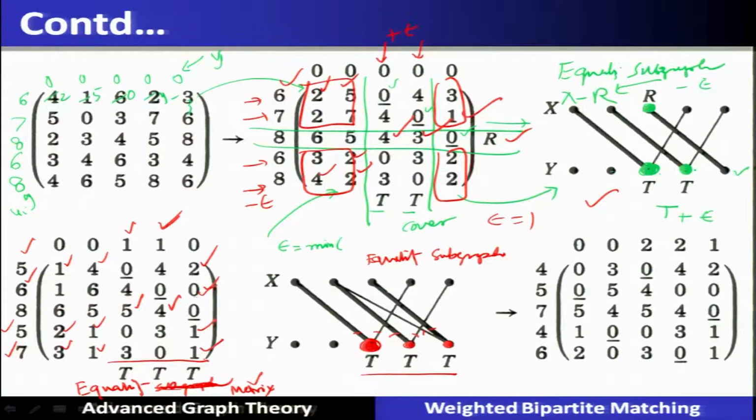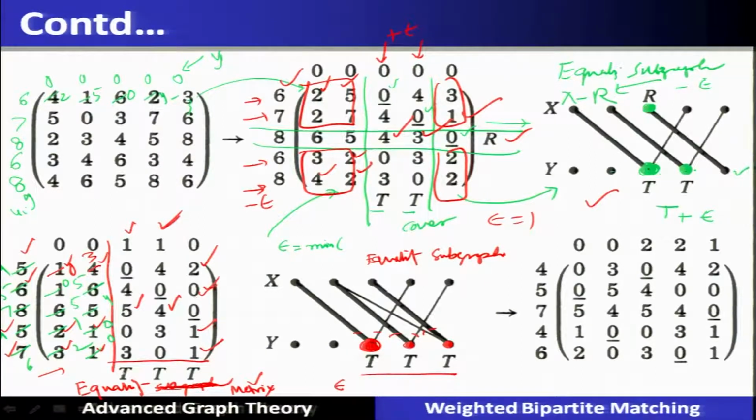Now, we have to find the epsilon, and epsilon, if we see, will again be 1. So, 1 minus 1 is 0, 4 minus 1 is 3, then here 1 will become 0, 6 will become 5, 6 will become 5, 4, 1, 0, 0, 2, and here also 4, 5, 7, 4 and 6.